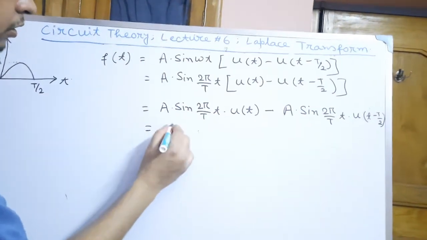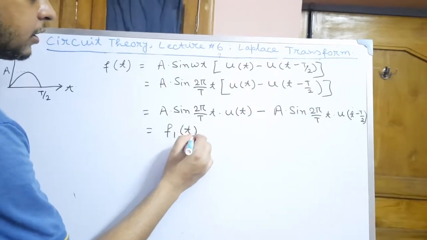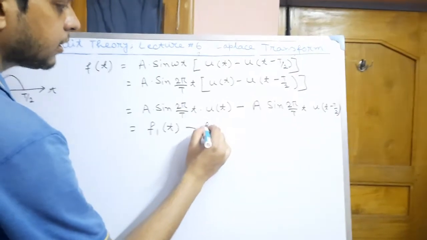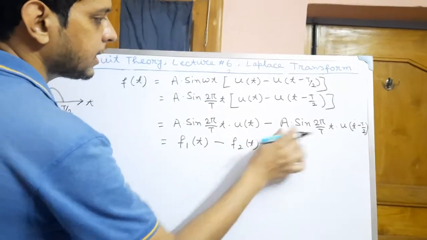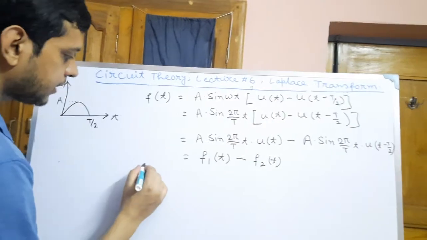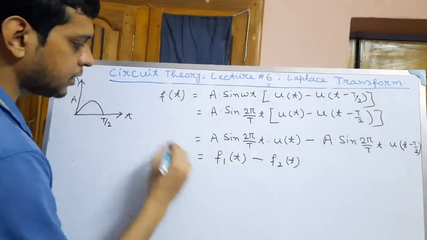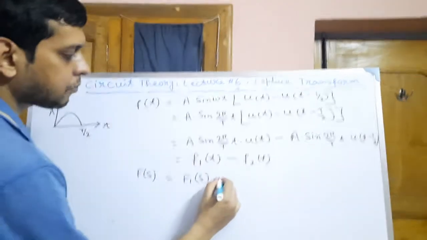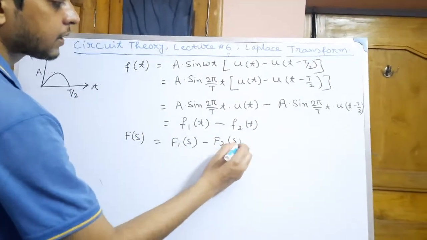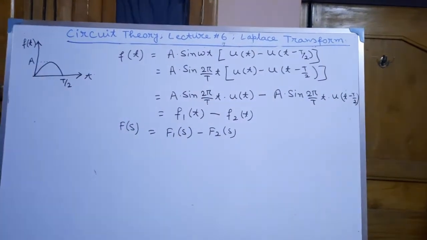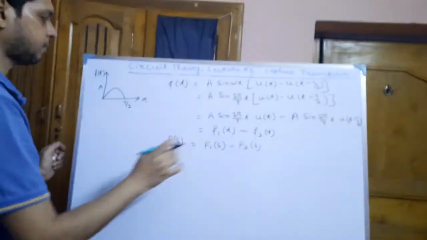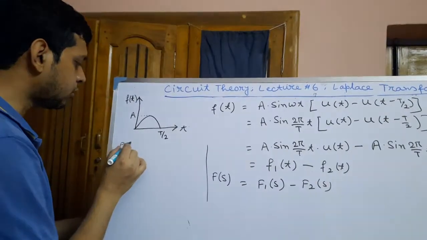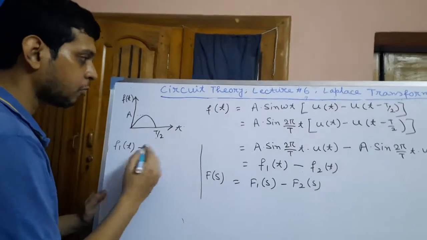Now this is say f1(t). Let us call this function f1(t) and that function f2(t). Hence the Laplace transform of f(t) equal to the Laplace transform of this function minus the Laplace transform of that function. Now let us take these two functions separately. f1(t) equal to what?